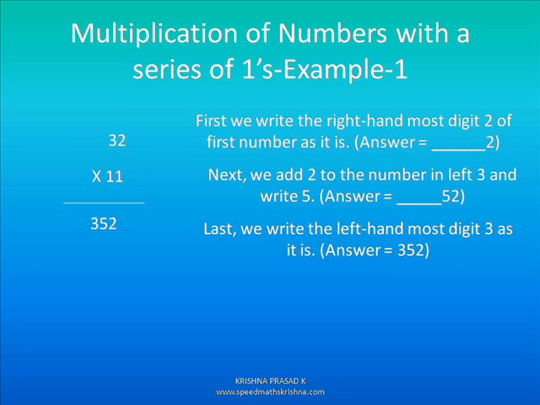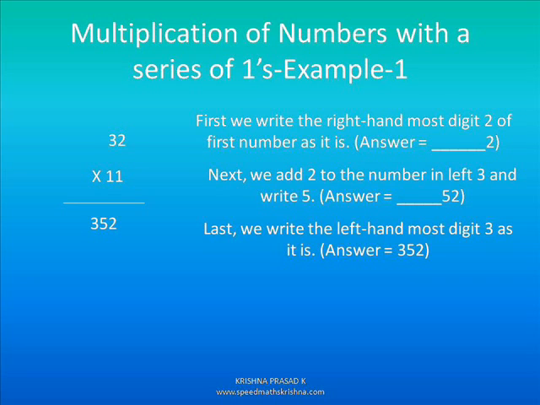Then add 2 plus 3, that is 5. So put 5 between 3 and 2. The answer is 352. You can also refer to the slide to know more about how to multiply 32 into 11, or multiplication of numbers with a series of ones.